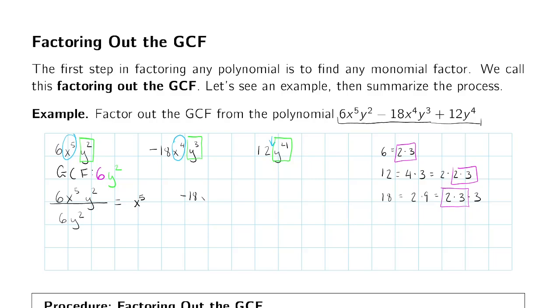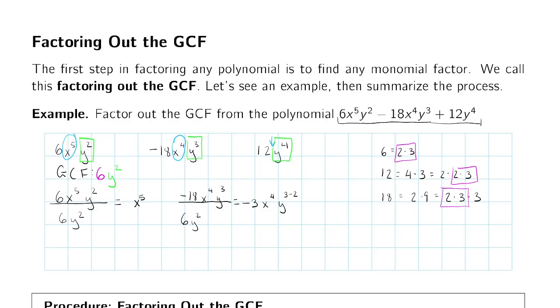Negative 18x to the fourth y to the third, divided by 6y squared. We'll have negative 18 divided by 6 is negative 3. X to the fourth, we're not dividing by anything. Y to the third divided by y squared, we'll have y to the 3 minus 2.